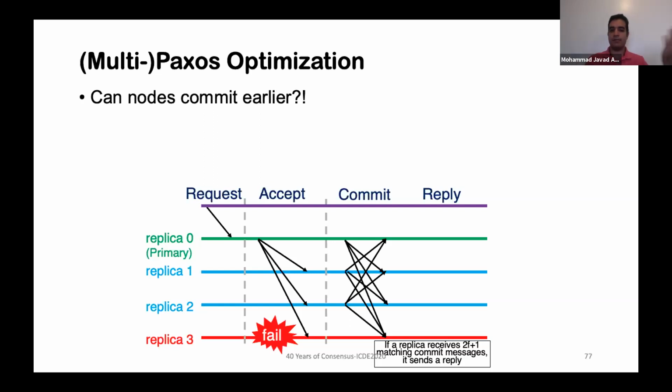They can send commit messages to each other. And if I receive 2f+1 matching commit messages, I can say it is committed. There is no need to wait for the leader to send back the message. So we can reduce one phase of communication between accept and commit messages. And then they can send a reply.